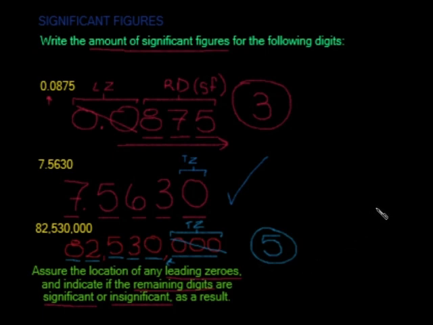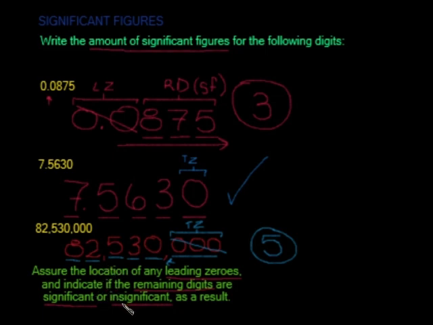So as a result, what do we learn today? We learned that for significant figures, we have to assure the location of any leading zeros first. For example, the first one, 0.0875: these two are leading zeros, so 0.0 are leading, so these are insignificant, and we indicated if the remaining digits are significant. For the second one, 7.563, all these are significant.